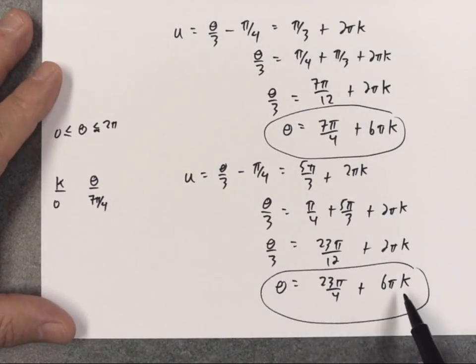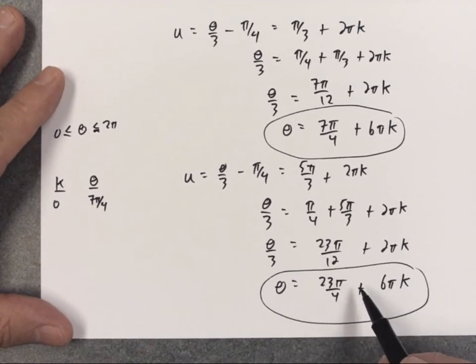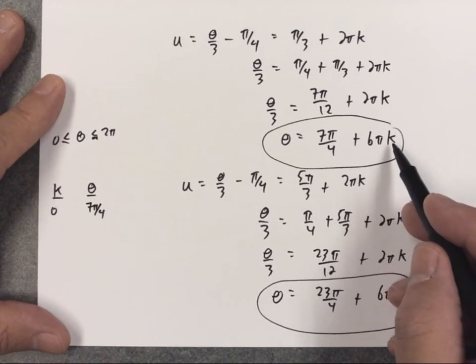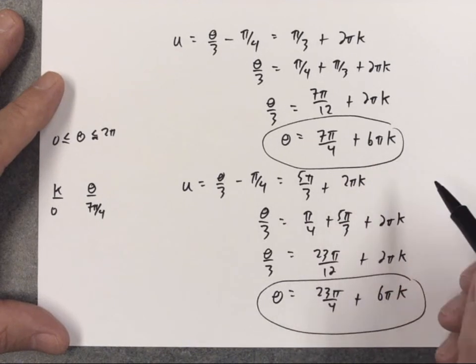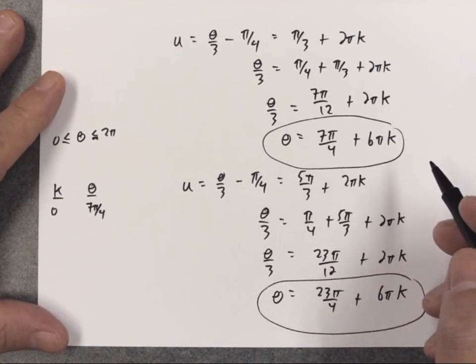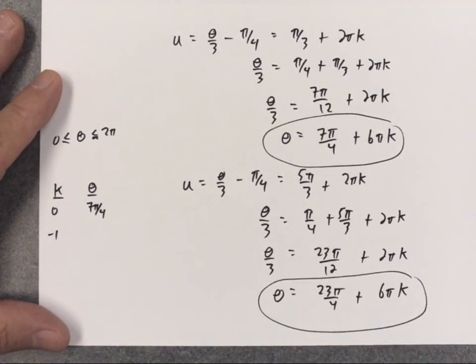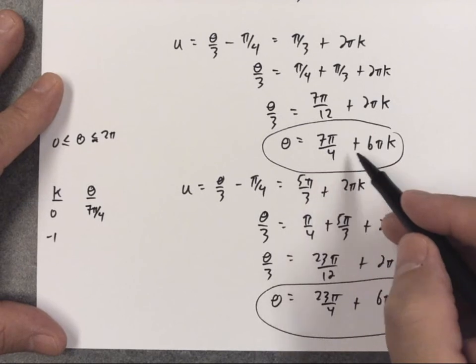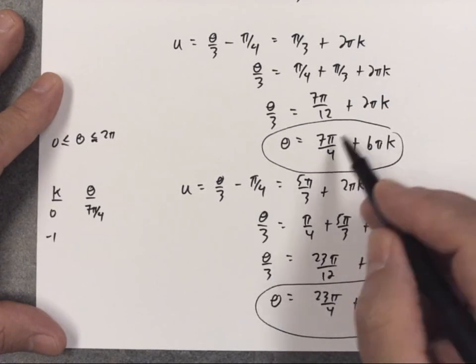When k is 0 down here, I get 23 pi over 4. That's already bigger than 2 pi, so I'm already done here. You can see when I stick k equal to 1 up here, I've already got 6 pi plus this, so I'm already done there. The only possibility might be to check about negative 1, but 7 pi over 4 plus a negative 6 pi, that's going to be a negative.